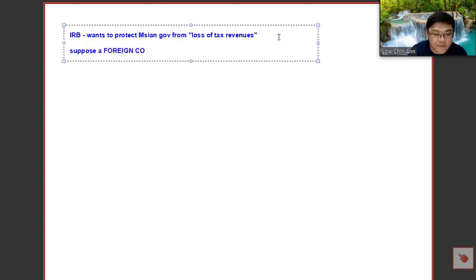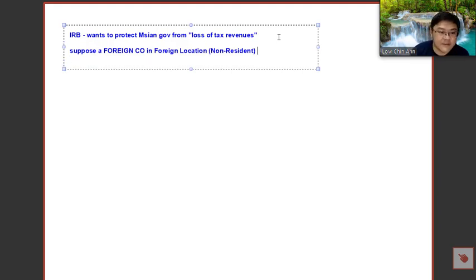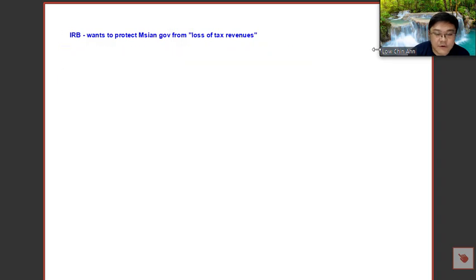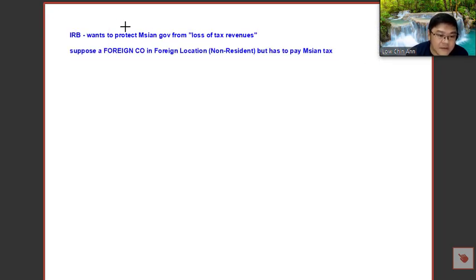a foreign company in a foreign location. Because it's a foreign company in a foreign location, it's most likely a non-resident but has to pay Malaysian tax. Now you have to think about this. Why would you need to pay Malaysian tax considering you are a non-resident?